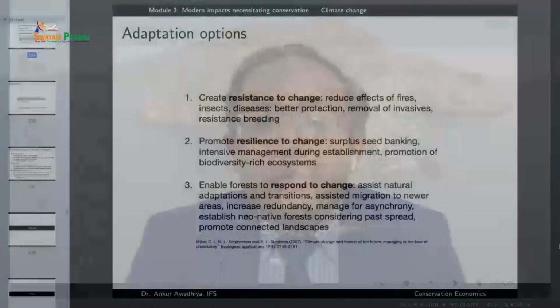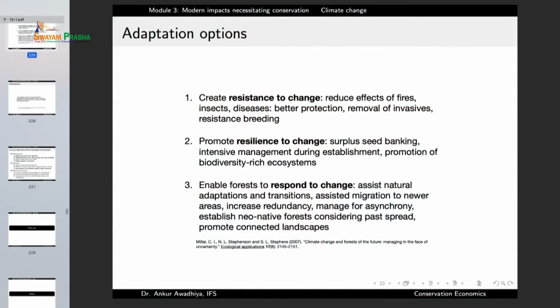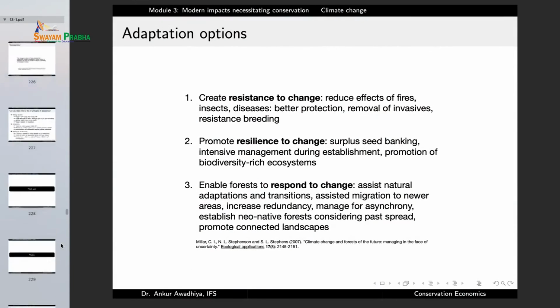Resilience means that even if the system succumbs to the climate change, but you have options that if later on in the future the conditions become back to normal, then these systems should be able to come back to the original state. And the third is response to change. That is, we are trying to facilitate movement. So assisted migration to newer areas, managing for asynchrony, that is a response to the change.